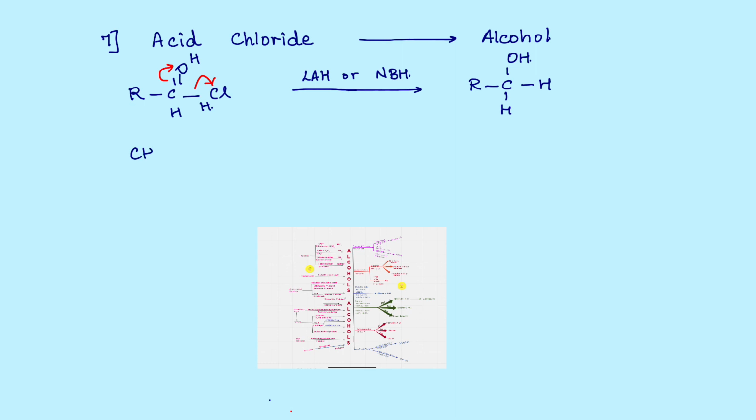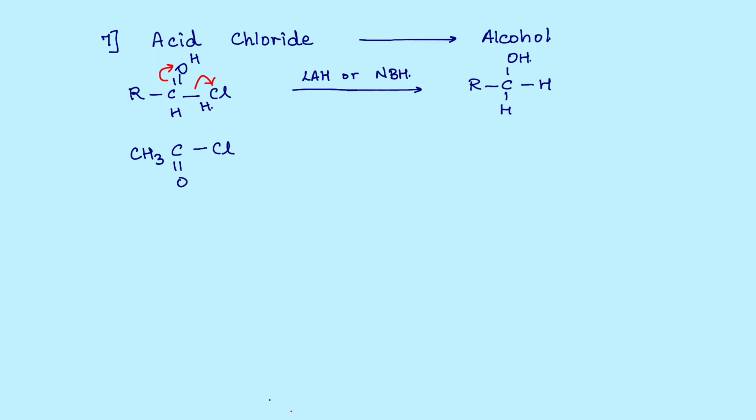So supposing I have ethanoyl chloride. Yes, that's the name of this compound. Why ethanoyl chloride? There are 2 carbon atoms, 1 and 2. So eth, saturated in, and look at the functional group COCl.